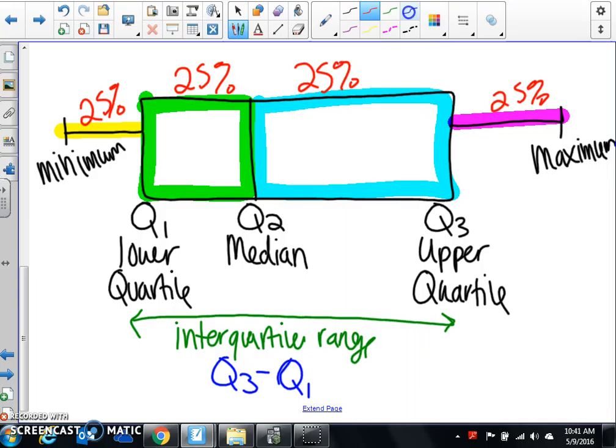So if I asked you how much of the data is from the minimum to the Q3, I just counted up. I would say 25, 50, 75% of the data. If I asked you how much of the data is in between the Q3 and the maximum, you would say 25% of the data. Okay, that's a biggie.